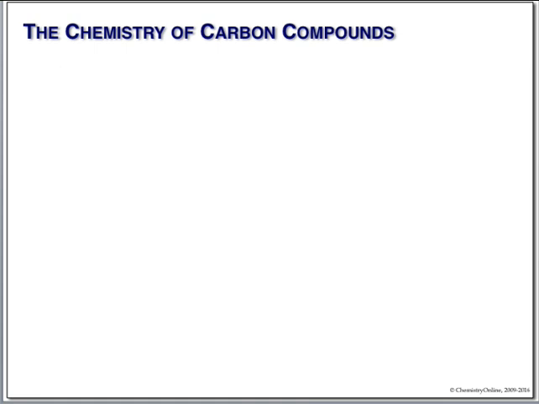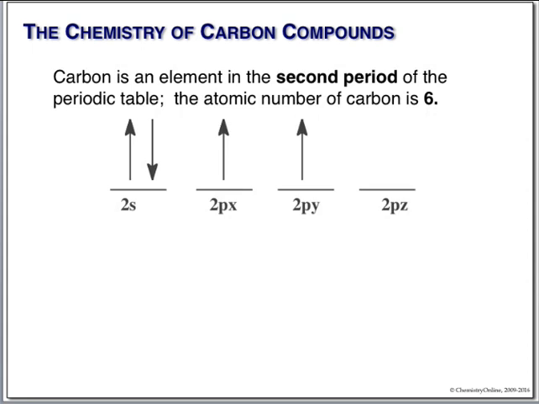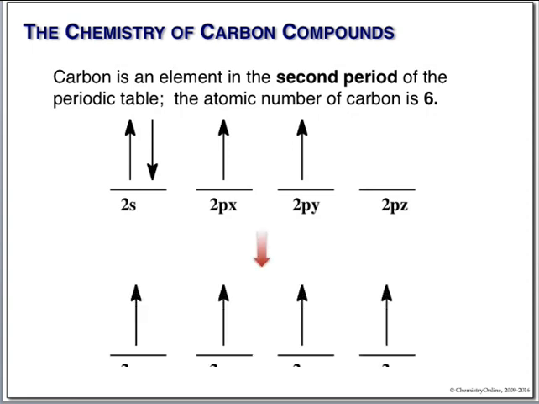This is called hybridization. So here we start off with 2 in the 2s, 2 in the 2p, and we're simply going to move one of these guys here. So we have 4 electrons that we can make bonds with. This is how we get a valence of 4 from carbon.